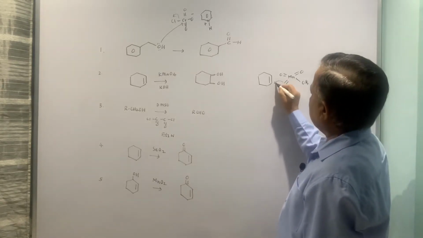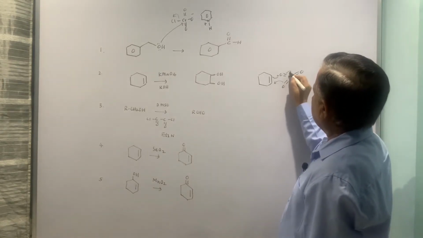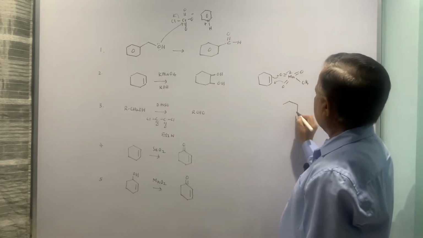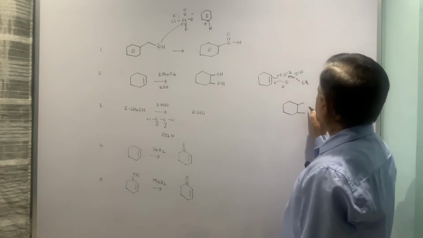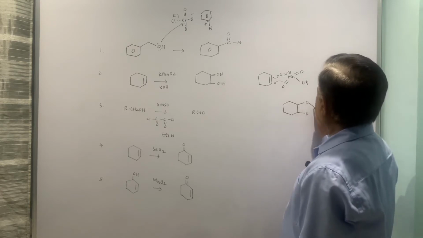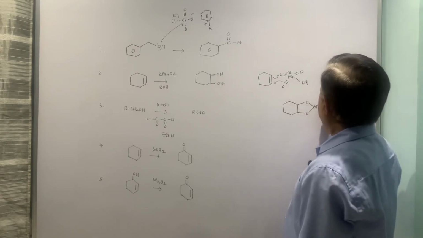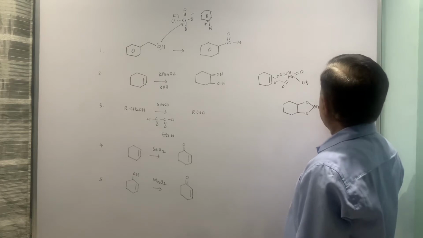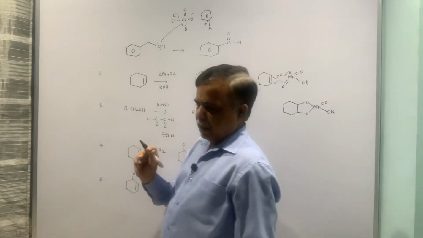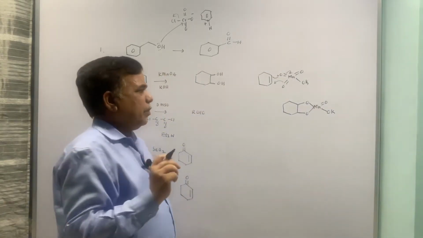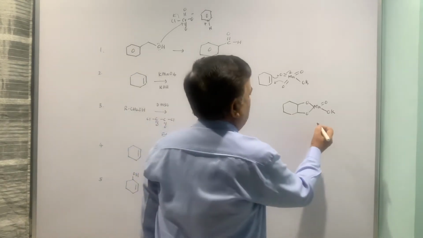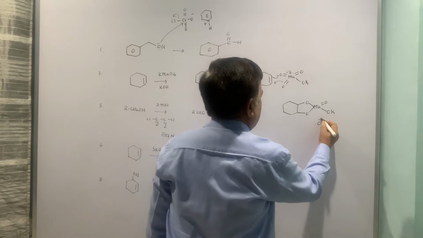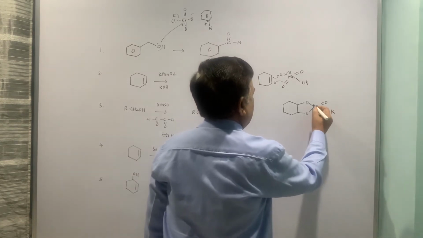Now we can show that we get a cyclic manganese ester. Now this ester is stable and you need a base to break this. So you can use base.